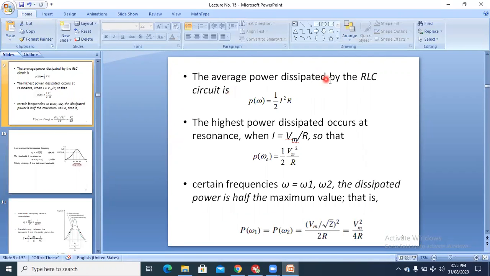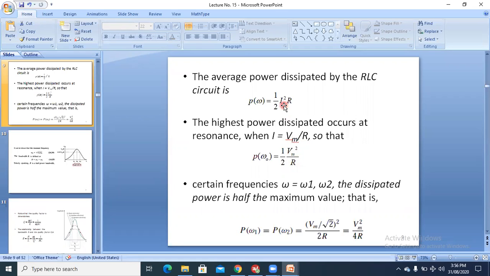We learned that the power dissipated by the RLC circuit is 1 by 2 I square R. And we know that the maximum value of the current at the resonance frequency, omega naught, is Vm by R. So this can be written as Vm square by R into 1 by 2.